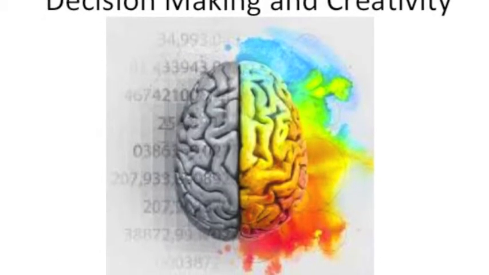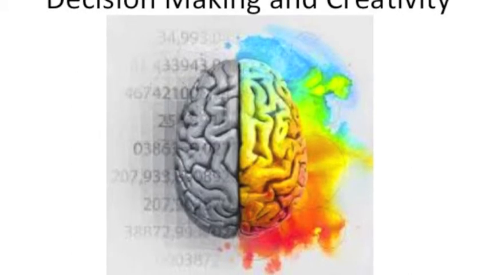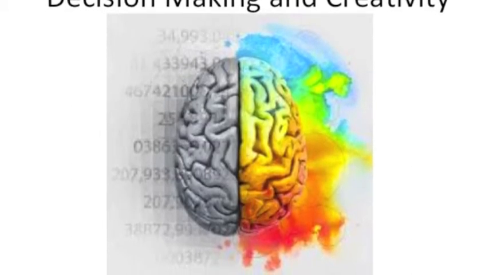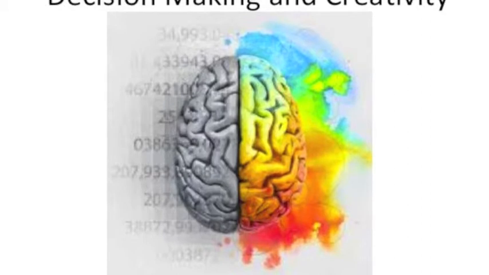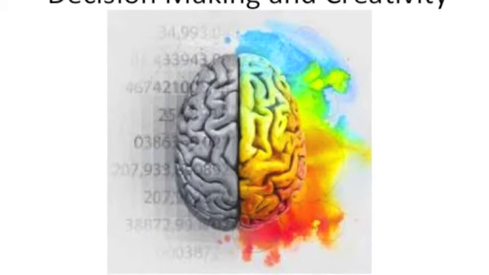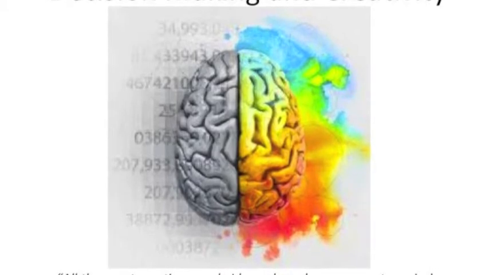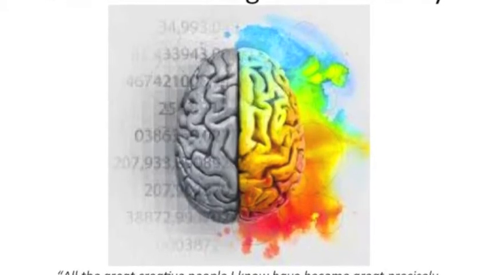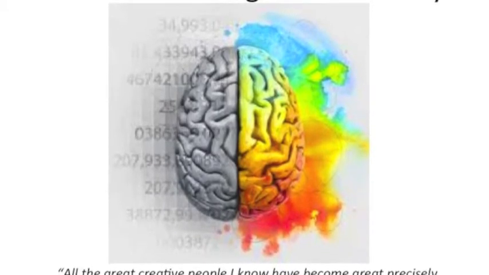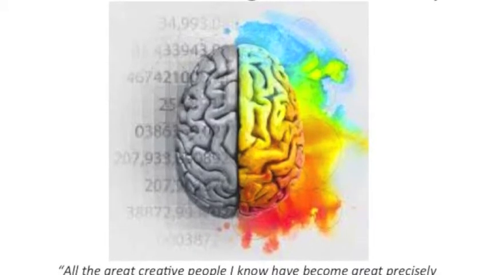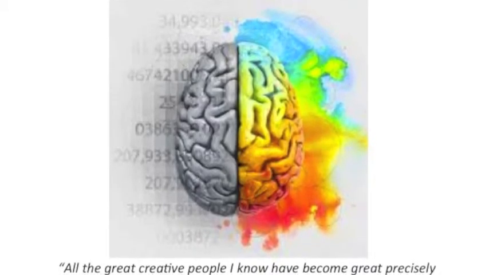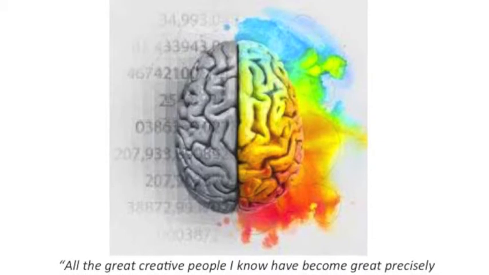So usually when we think of decision making, we think of a process that's kind of restrictive and involves the analytical portion of your brain. And when we think of creativity, we think of a more free-flowing, non-restrictive process that requires the creative portion of your brain.